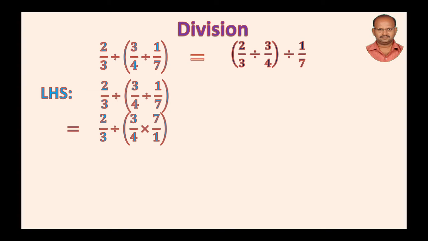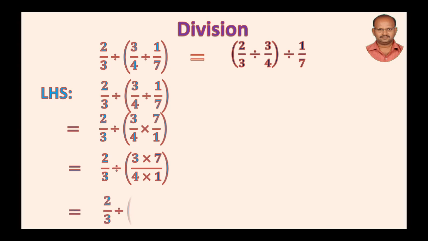Then that is equal to 2 by 3 divided product of numerators by product of denominators, 3 into 7 by 4 into 1. That is equal to 2 by 3 divided 21 by 4. Then that is equal to 2 by 3 into 4 by 21.